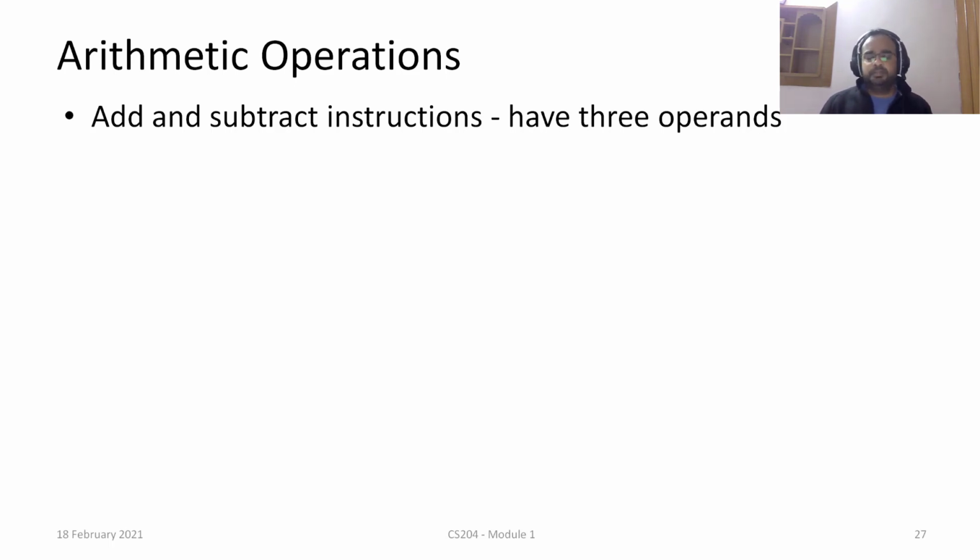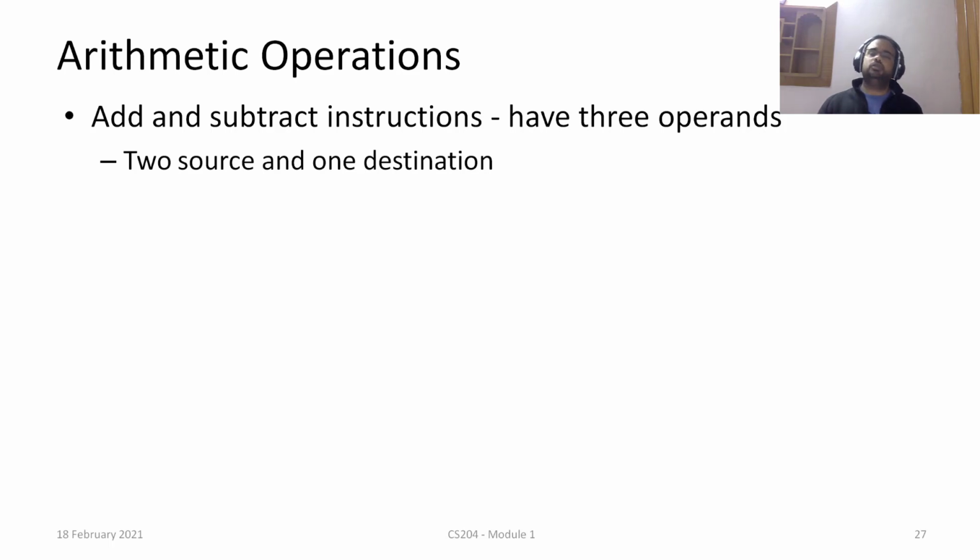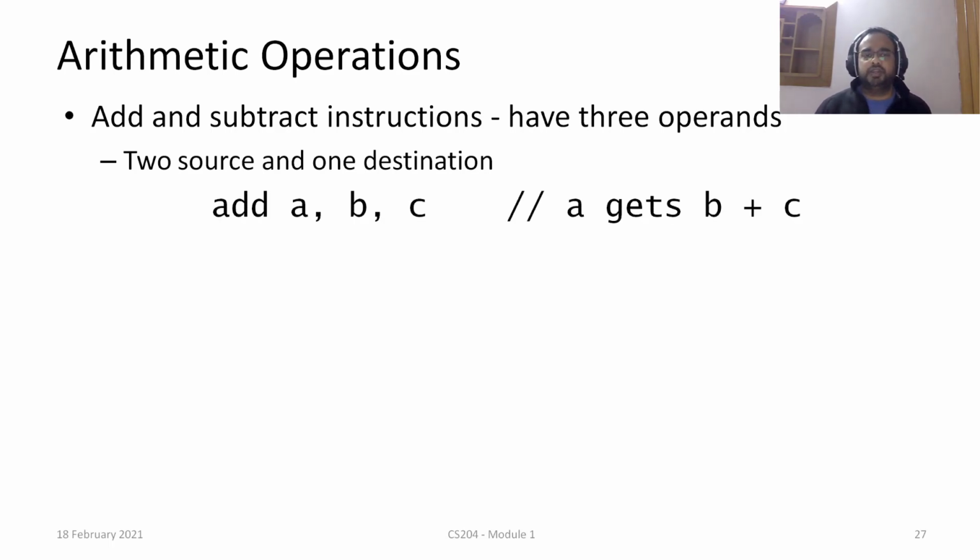So the add and subtract instructions have three operands. As you know, operands are the data that we expect the operation to be performed on, right? So among the three operands, two of them are source operands, one is the destination. For example, the RISC-V add instruction can look something like this: add a comma b comma c, where a is the destination operand and b and c are source operands.